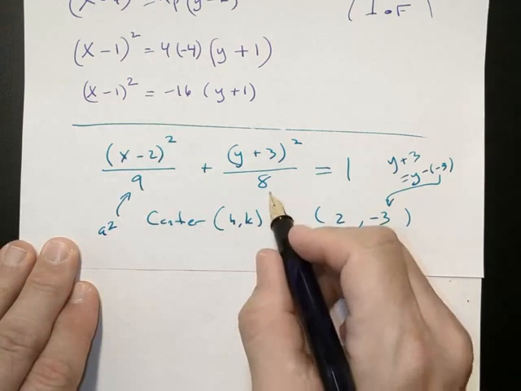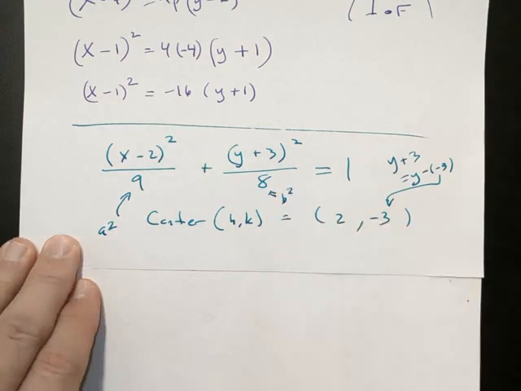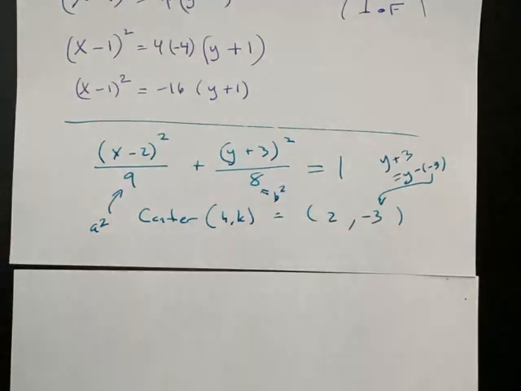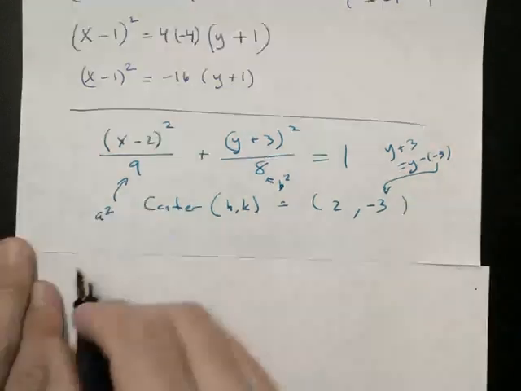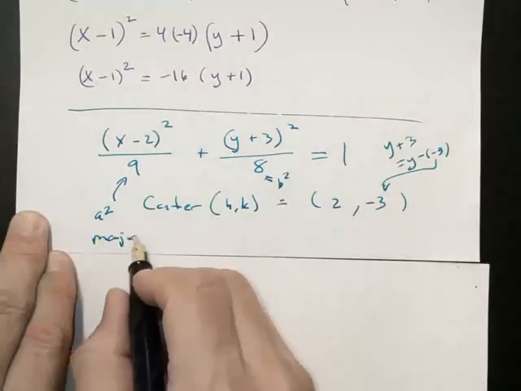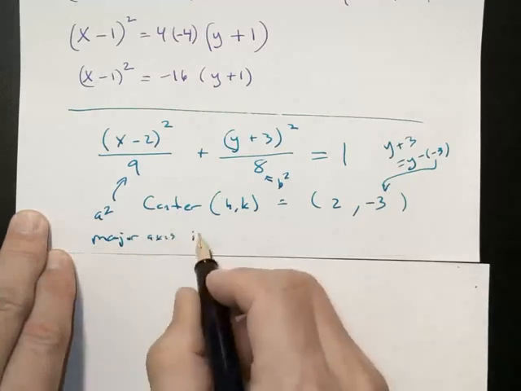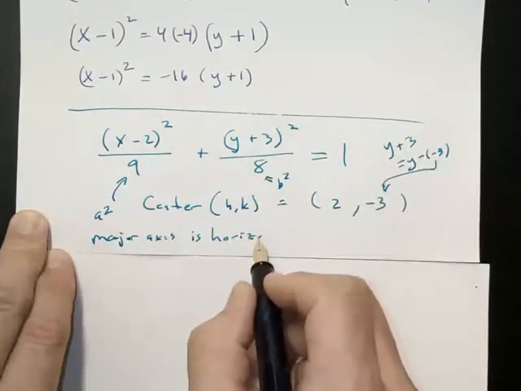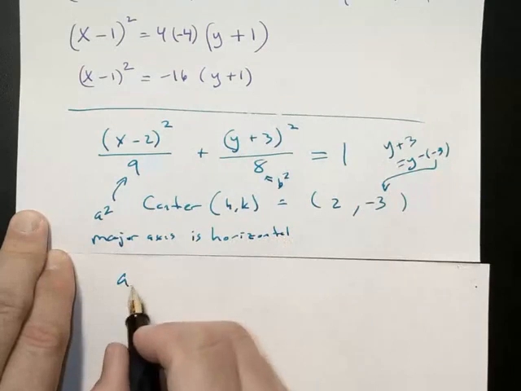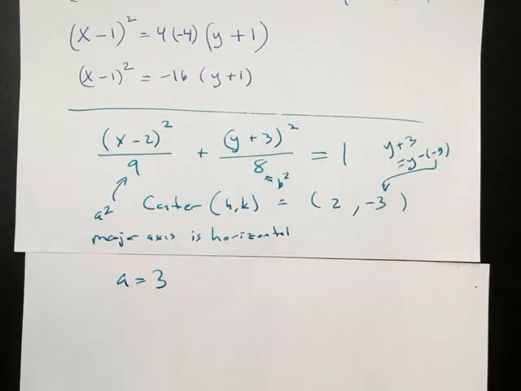And that makes this one B squared. Since the bigger one is under the X term, that means that it goes horizontally. The long direction is left, right. Major axis is horizontal. We now know that A equals 3.